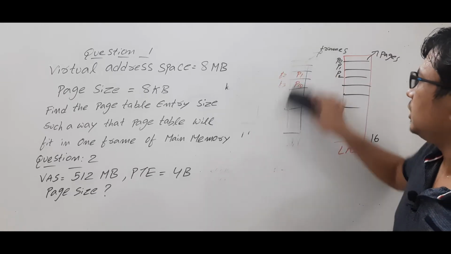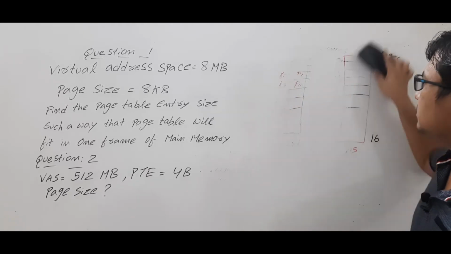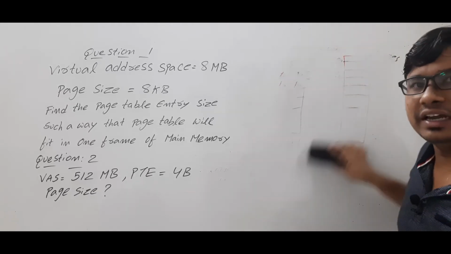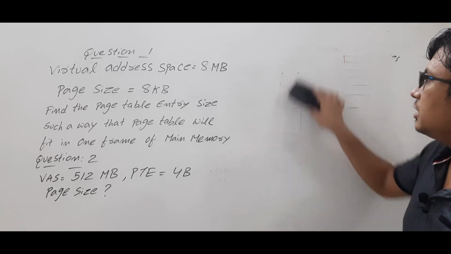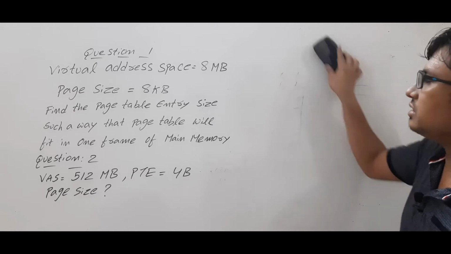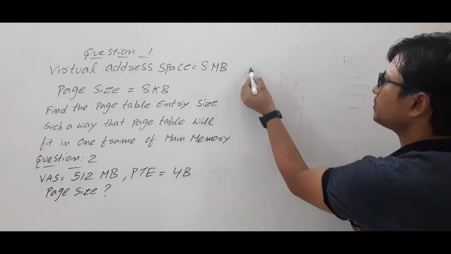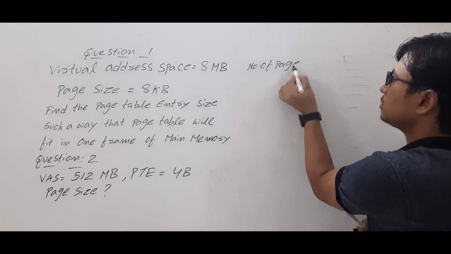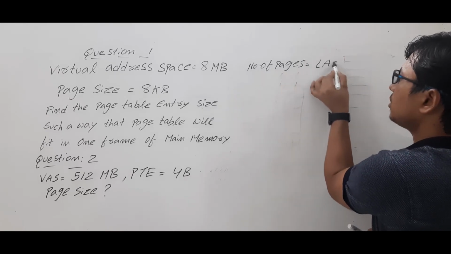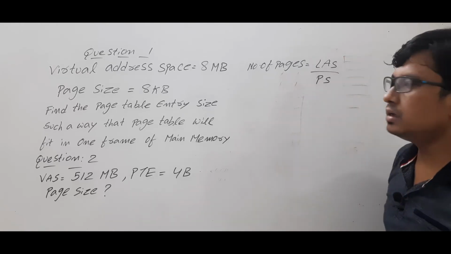Is it clear? To do that, first I need to find the number of entries in the page table. The number of entries in the page table will depend on the number of pages in a process. So first I need to find the number of pages. So how can we find the number of pages? Number of pages is equal to process size, or logical address space, divided by page size.